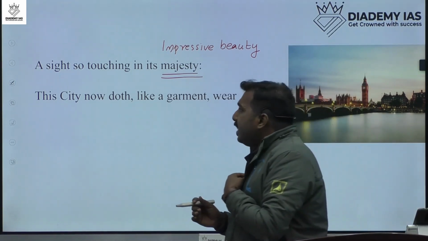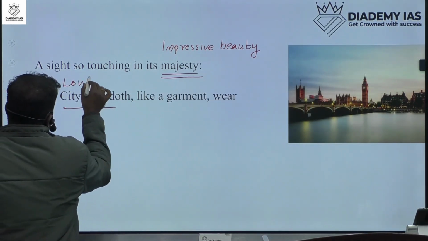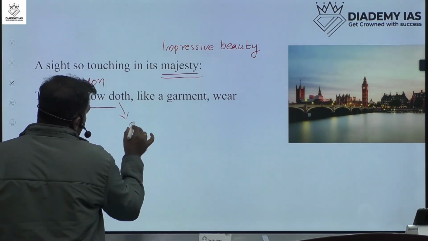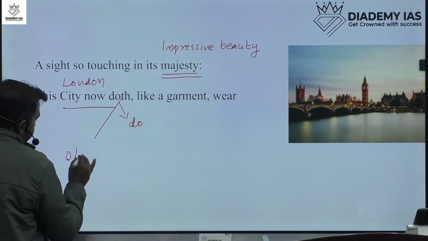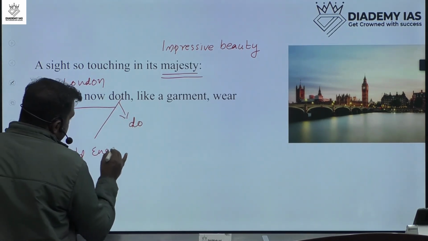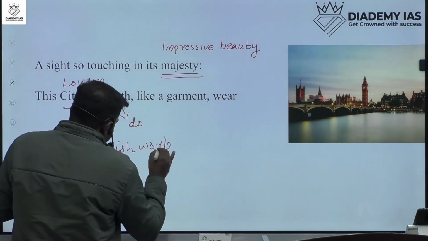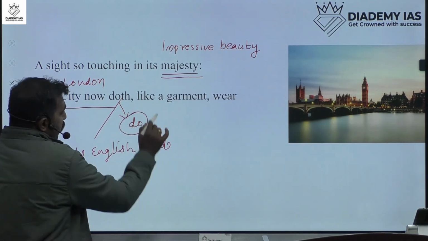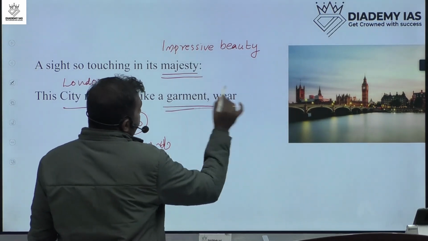And this city means the city London. Okay, the city now doth. Here the word doth means do. Doth is an old English word. Do is the new word. Like a garment wear.